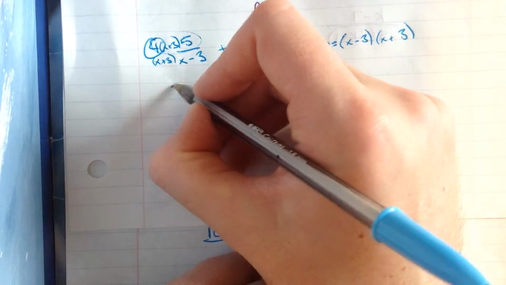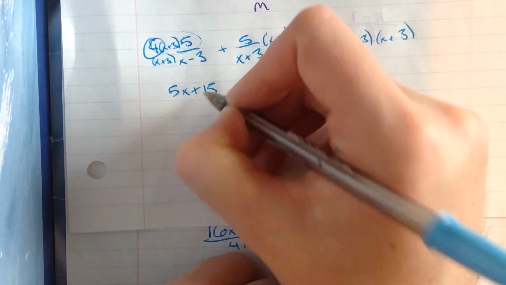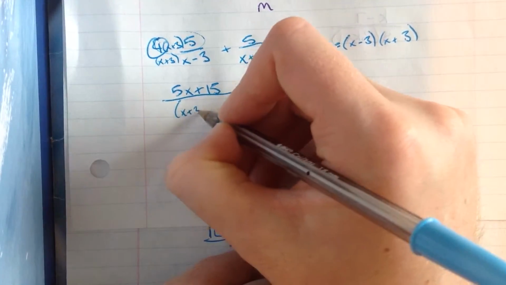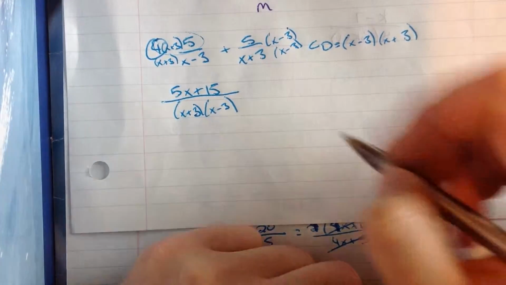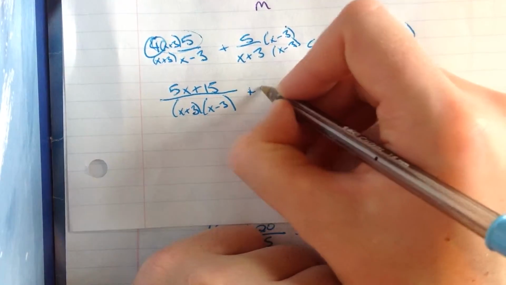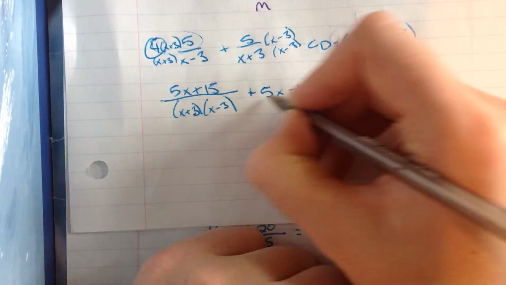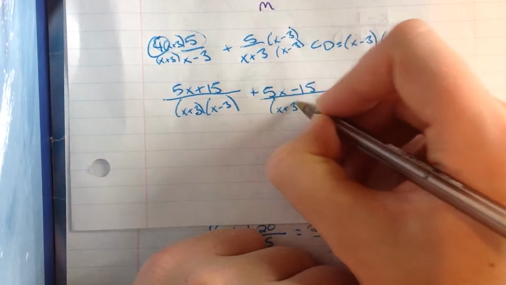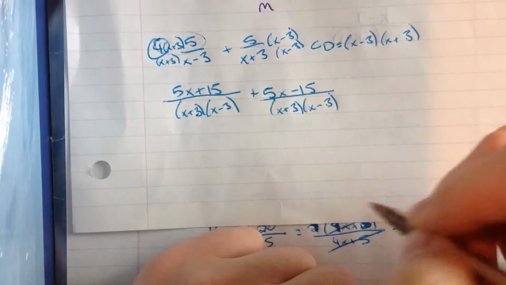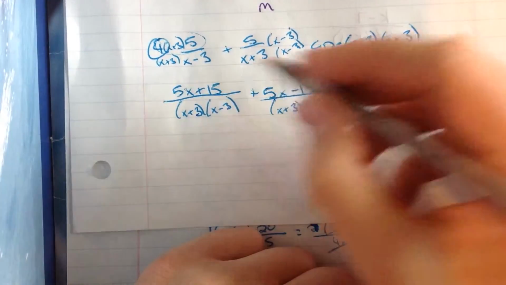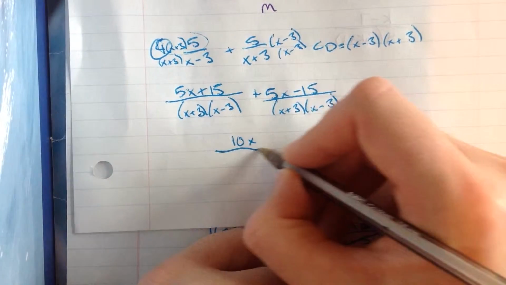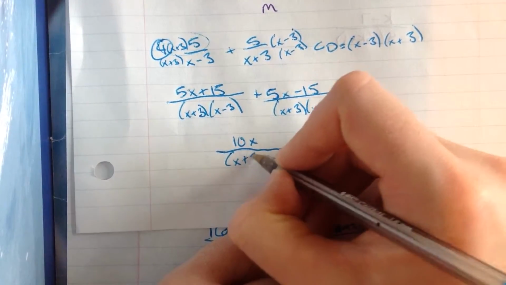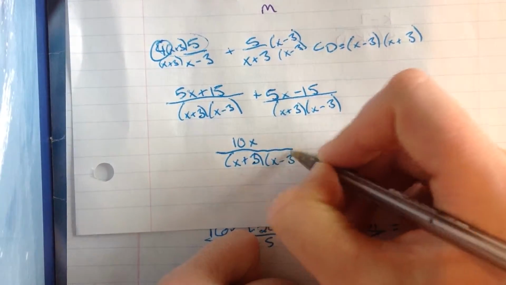So this one becomes 5x plus 15 over x plus 3, x minus 3, and this one becomes 5x minus 15 over x plus 3, x minus 3. 5x plus 5x is 10x. 15 minus 15 is 0. So I get 10x all over x plus 3, x minus 3.